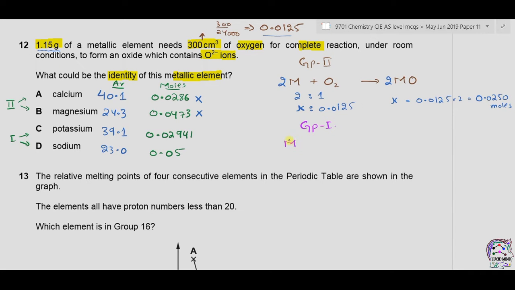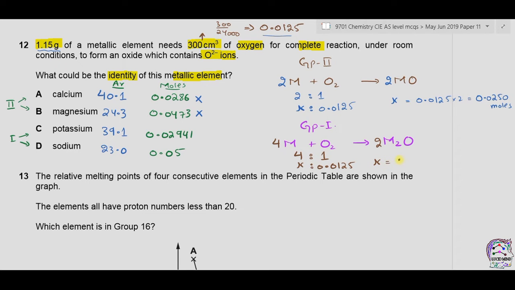For group 1, the metal is M. It reacts with oxygen to form metal oxide. Now as the oxidation state of group 1 is +1, the formula of oxide will be M2O. Now we can balance this chemical equation, first balancing number of oxygen atoms, then balancing number of metal atoms. Now the ratio between metal and oxygen comes equal to 4:1 from balanced equation, and from given number of moles it is 0.0125, so we can find the moles of metal by cross multiplying.